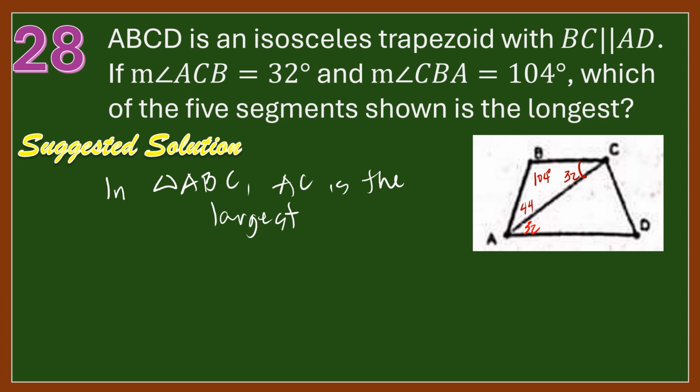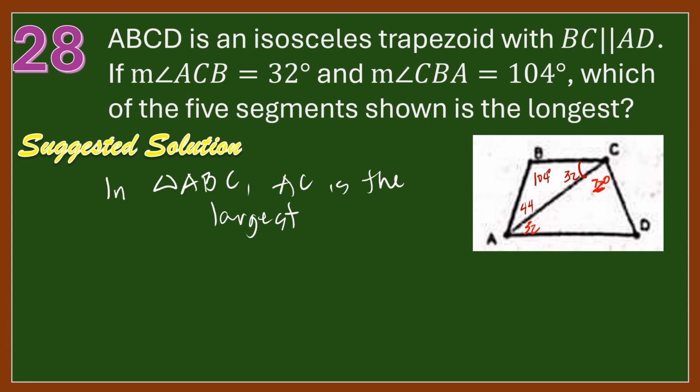Also, we have angle ABC congruent to angle DCB because this is an isosceles trapezoid. Hence, angle DCA is equal to 104 minus 32, that is equal to 72 degrees.